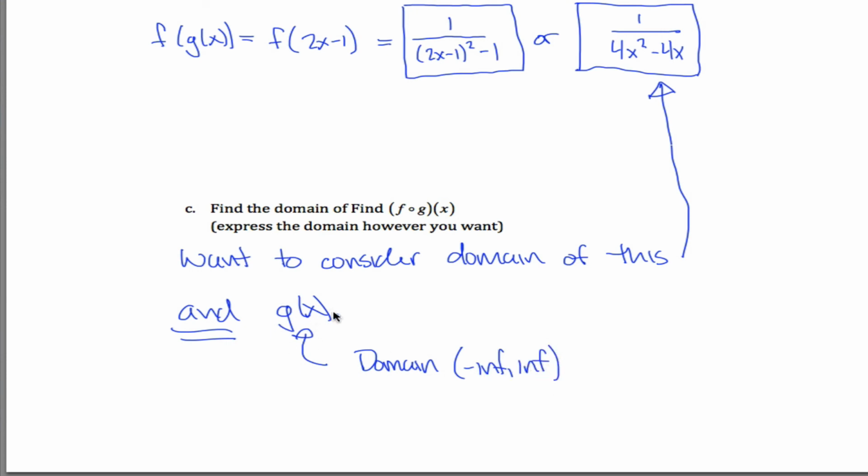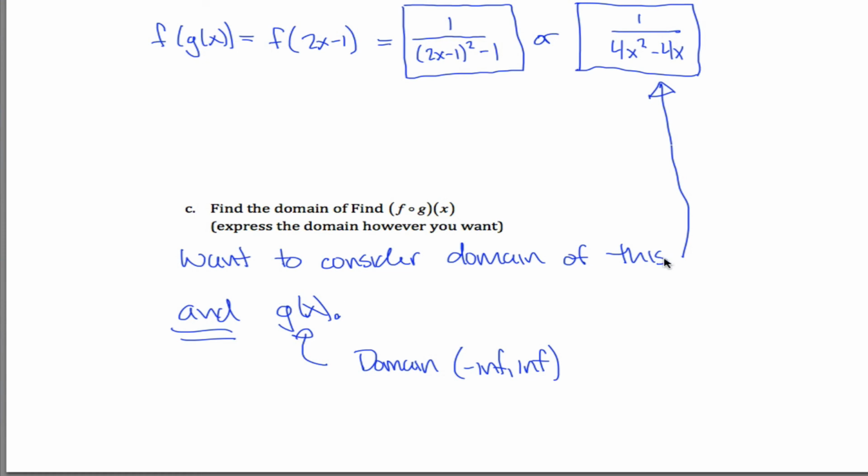We don't have to kick anything out from here. So I do have to consider the domain of this guy, but if you forgot that you also have to consider the domain of the inside function, it doesn't hurt you because we don't lose anything by looking at the domain of the inside function. I promise you that won't always be the case. I promise you on the final exam or at some point in this class, I'll give you one where you lose numbers both for the inside function and the composite function. So make sure you understand what I'm talking about there.